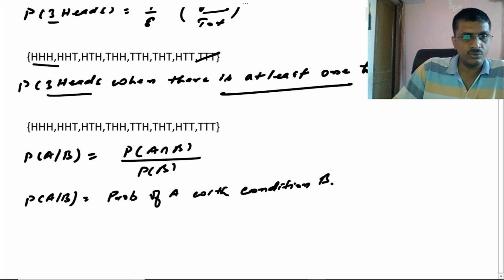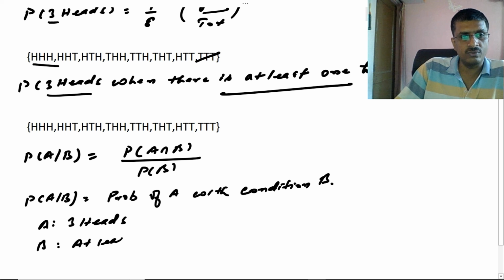As in this case, we are trying to find out the probability of 3 heads, so that is our A. Now what is B here? The condition. The condition demands you to have at least one head, right? Now for A, I'm going to underline those satisfying A, and there is just one here.